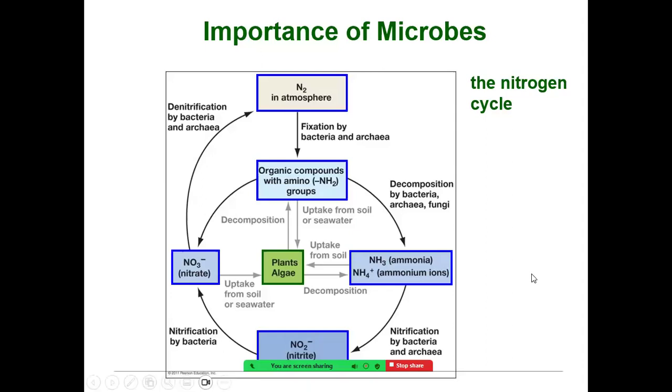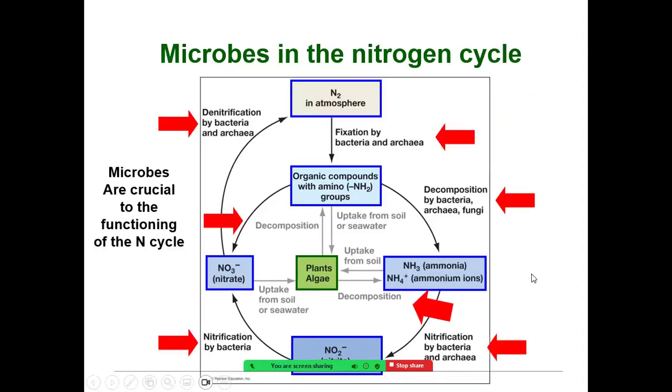The importance of microbes in the nitrogen cycle is that wherever we have a red arrow, this step of the nitrogen cycle is happening because of a microbe. There are a few steps that don't use a microbe, like the nitrogen coming to green plants in the soil, and the green plants converting nitrogen into an organic compound.